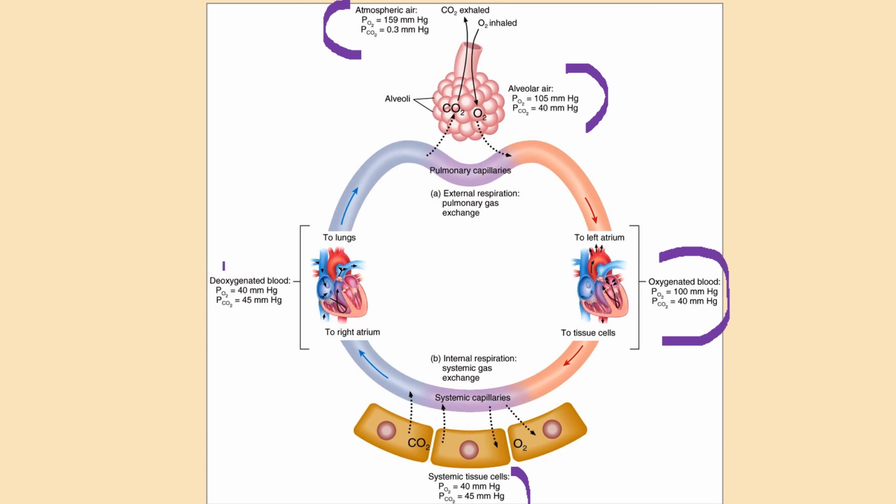And then we can examine the partial pressures of those gases in oxygen-poor blood as it makes its way back to the heart, where it will be pumped once again to the lungs. So we will take this diagram piece by piece and examine external and internal respiration and the partial pressures of oxygen and carbon dioxide that determine loading versus unloading.